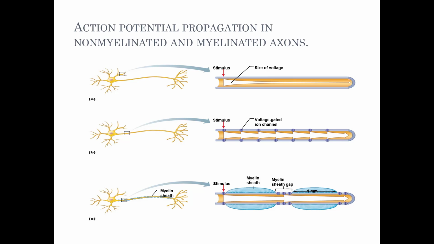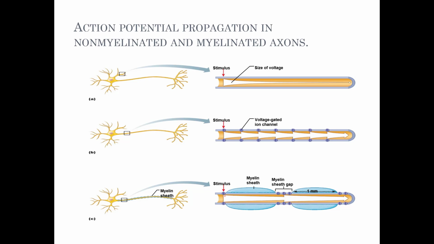Along an unmyelinated axon, we have this continual renewal of our action potential down the whole length of our axon. And that's continuous conduction, shown in B here. In C, we see saltatory conduction, and you can see that the insulation of the myelin sheath results in lesser decay of the signal over a longer distance.